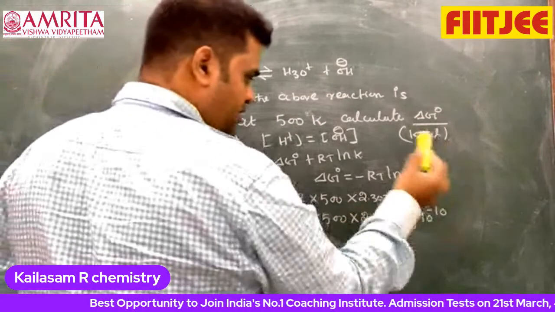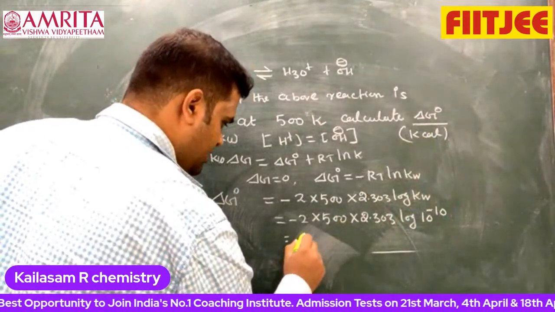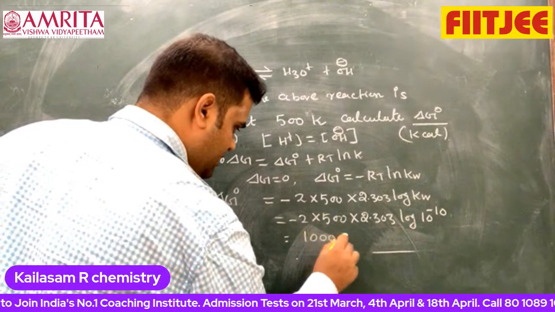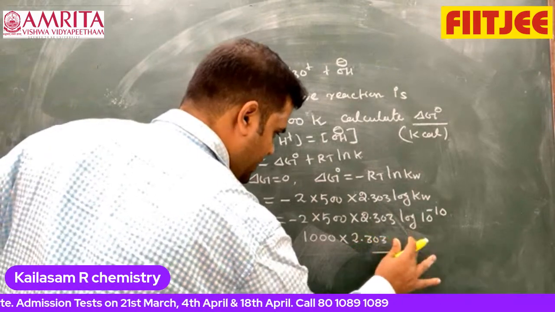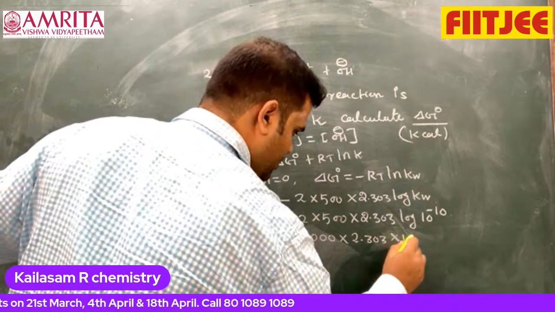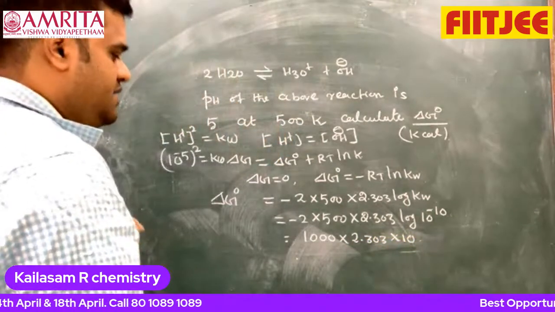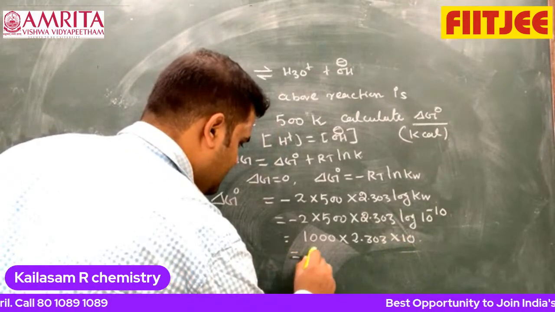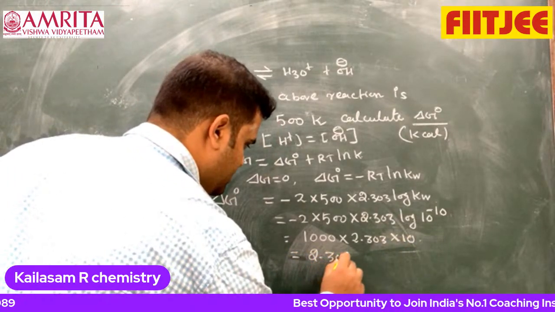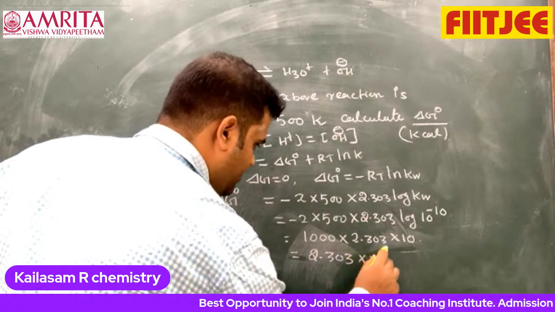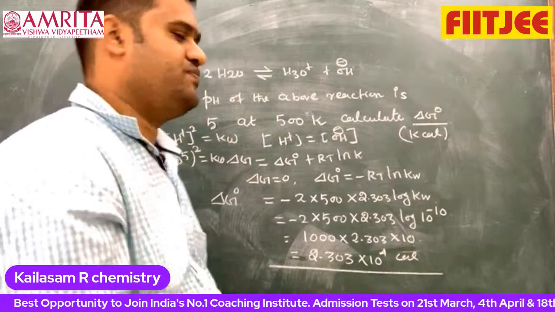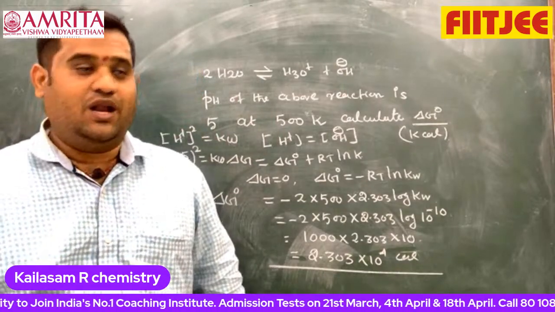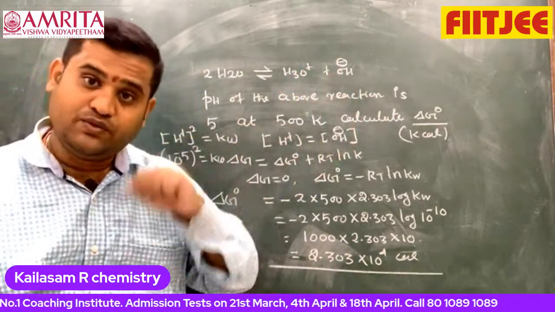Therefore the minus, you may write as 1000 into 2.303 into 10. That means you can add it as 2.303 into 10 power 4 calories is the answer. That's all how it is linked. This is what the question is.